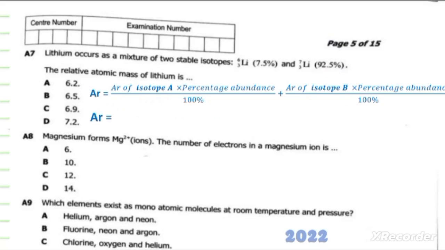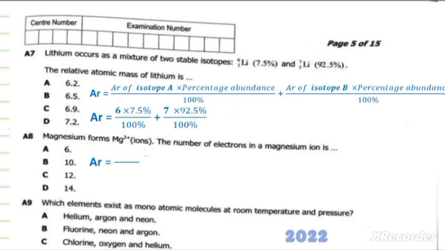Let us plug in the values: 6 times 7.5 over 100% plus 7 times 92.5 over 100%.